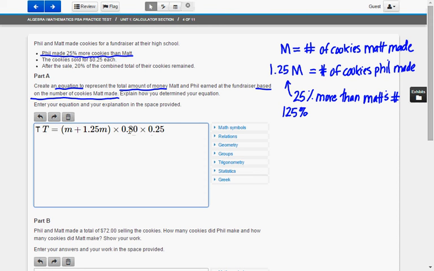I'm going to delete that. It takes some practice to get that typed in there, so we really need to work on that.